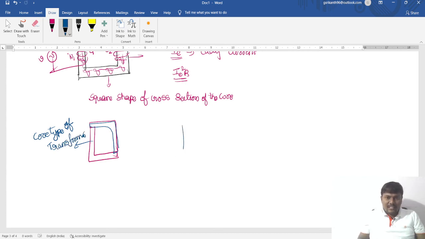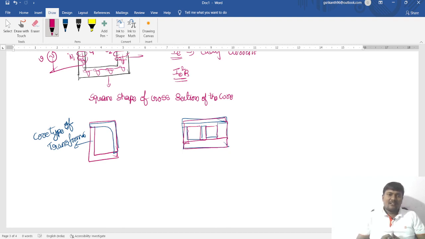If I am taking an E type and an I type is connected like this, and another E is placed in the opposite direction, exactly 180 degrees, then it will look nice, and also the air gap is very minimum.